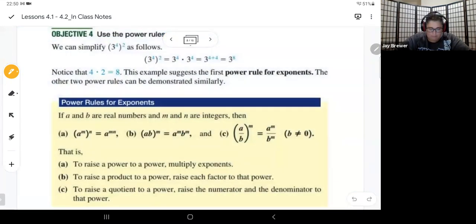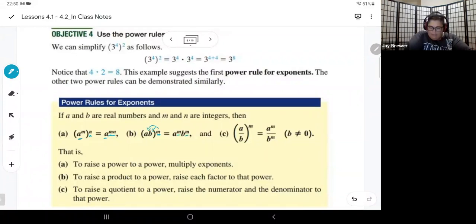All right, power rules. Here's what we've got to look at. When we take a power to a power, we keep the base and we multiply those exponents. When we have a parenthesis set with an exponent on the outside, we distribute it up in the exponent spots.